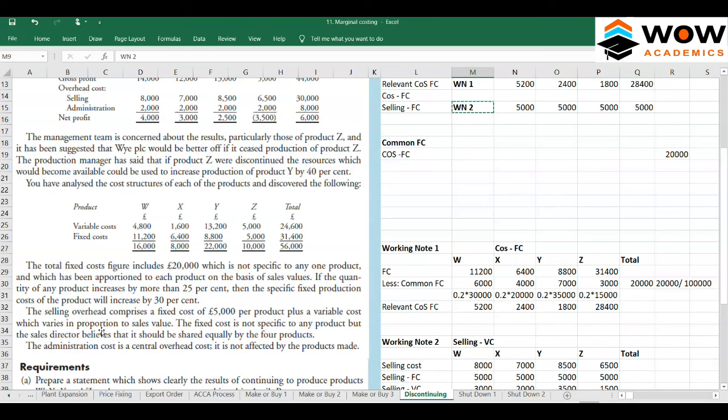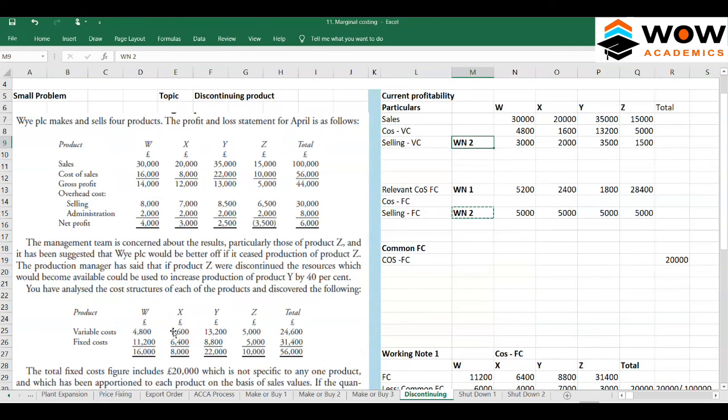He says plus a variable cost which varies in proportion to sales value. So I think it should be varying with respect to the sales value only. Let's see. 30,000 is 3,000, 20,000 is 2,000, 35,000 is 3,500, 15,000 is 1,500.